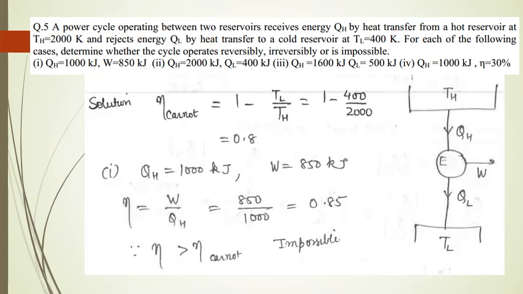So no engine operating between these two temperature limits can have efficiency more than 80%. Now in the first case, QH is given as 1000 kilojoule and work is given as 850 kilojoule, and by using these energy parameters, the efficiency of this engine comes out to be 85%. So this is impossible.